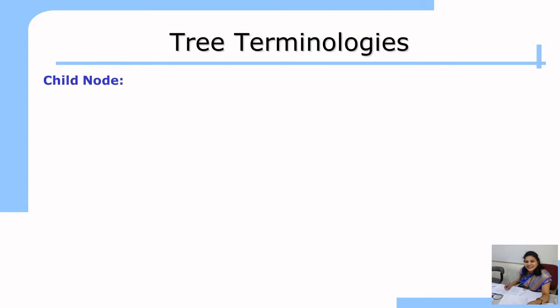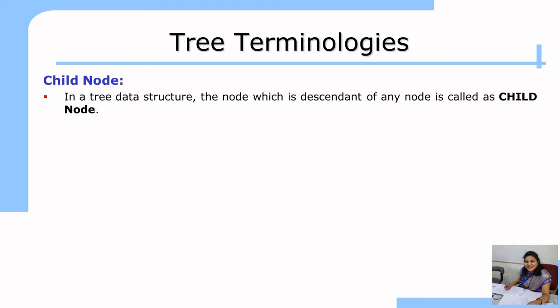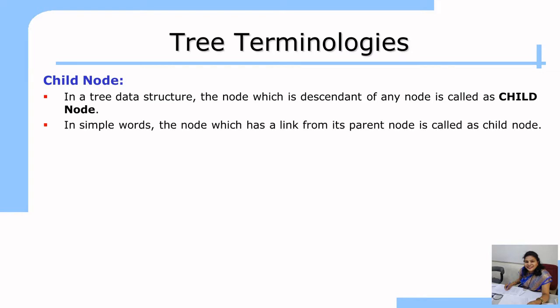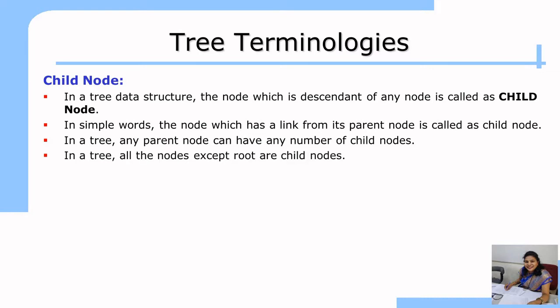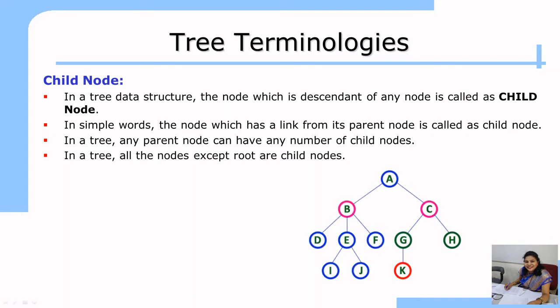The next terminology is a child node. In tree data structure, a node which is a descendant of any node is called as a child node. In simple words, a node which has a link from its parent node is called a child node. In a tree, any parent node can have any number of children. In tree, all the nodes except the root node are the child nodes.